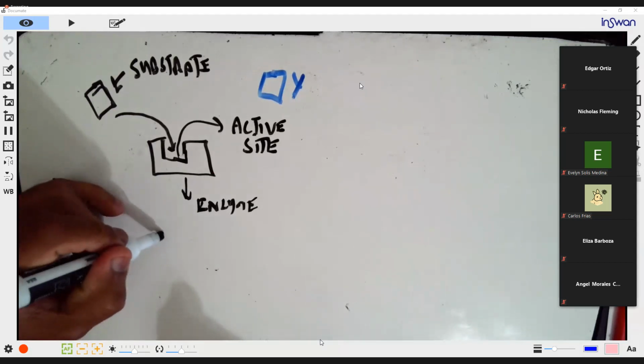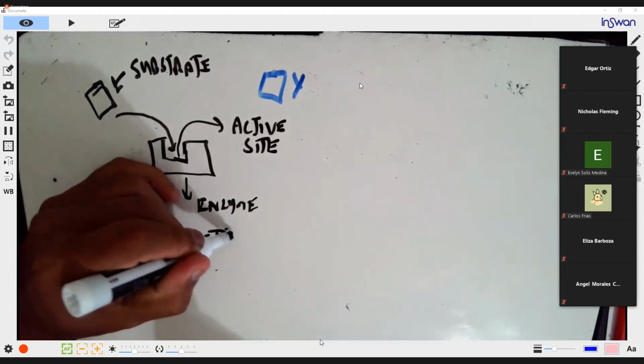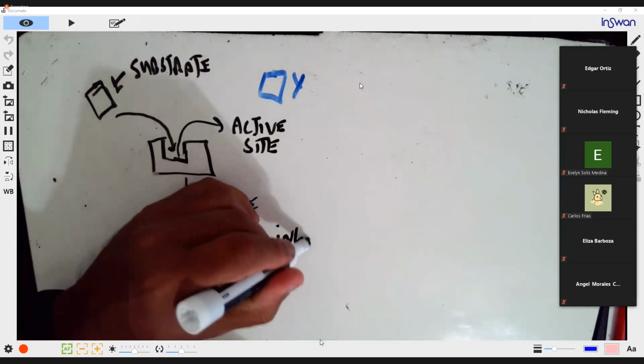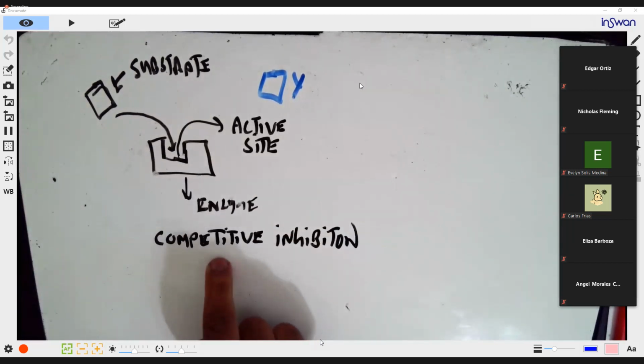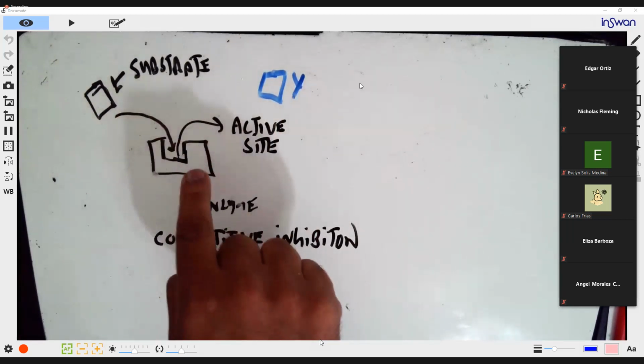So this is called competitive inhibition. We're going to take some real examples of this. Inhibition just means blockage. Why competitive? Because Y and the substrate are competing for the active site.